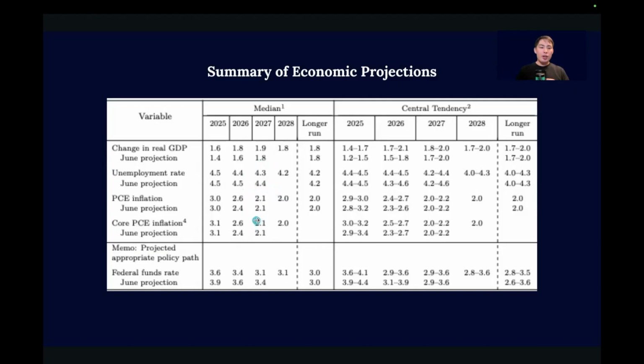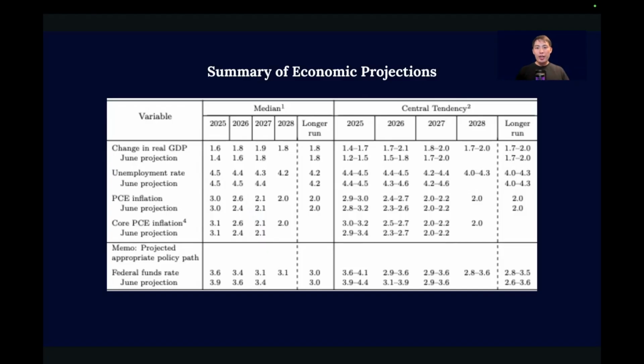So back in June, the PCE was expected to be 2.4% in 2026, but this time around in September, the Fed projects a PCE of 2.6%, so 20 basis points higher.